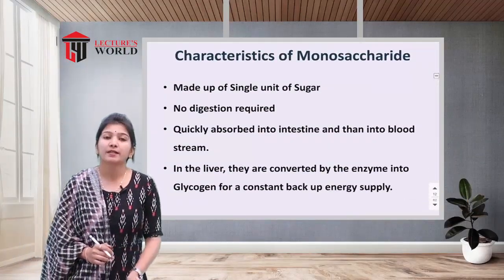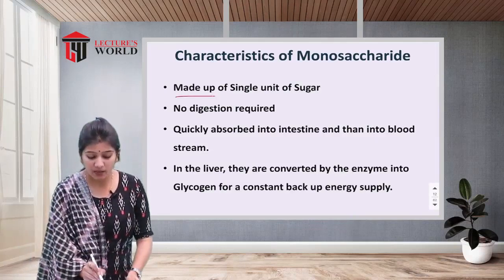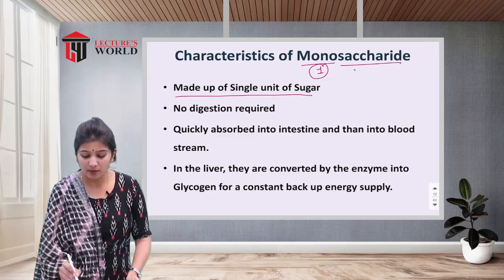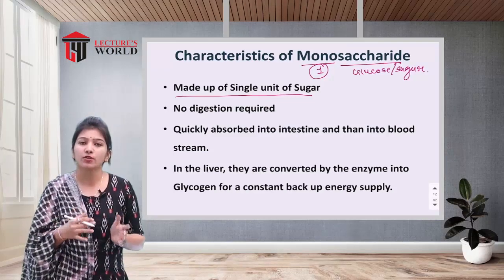Now we will see the characteristics of monosaccharides. As we have discussed, it is made up of a single unit of sugar. Mono means one and saccharide means glucose, or we can say sugar. So it is made up of only one sugar unit.